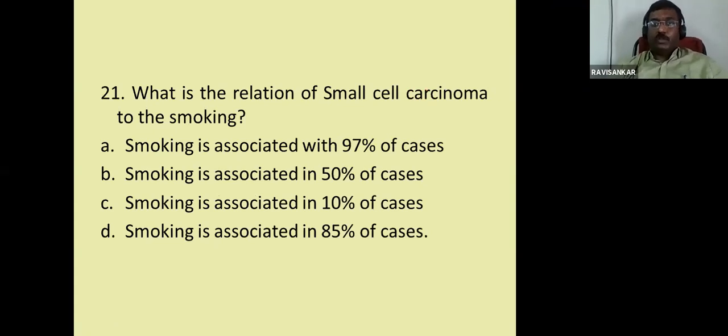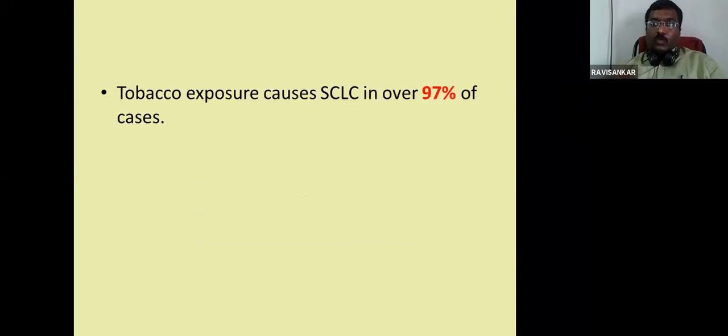What is the relation of small cell carcinoma to smoking? It is very rare to find a small cell lung cancer without tobacco exposure. Nearly 97 to 100% of them are associated with tobacco exposure.